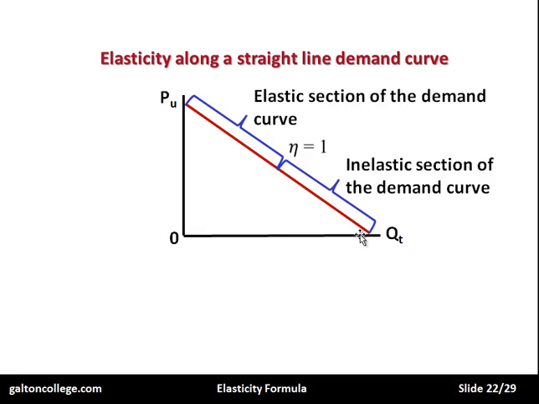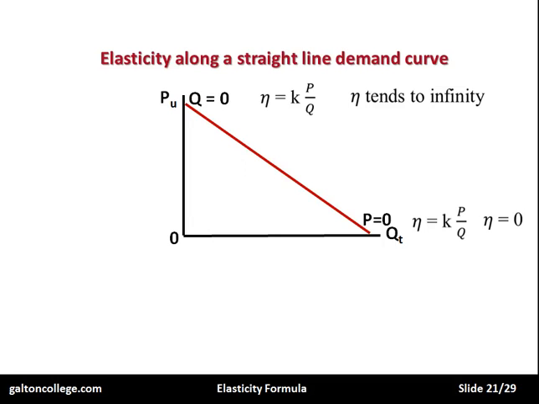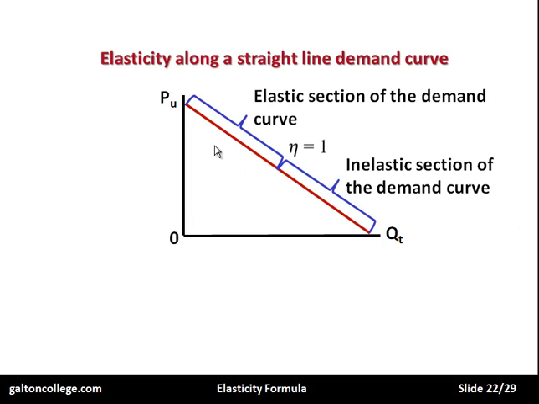And down here, it's inelastic. So elasticity is termed as inelastic if it's less than 1. If it's greater than 1, it's elastic. So it's elastic up here and inelastic down here. And in the center, it's equal to 1.